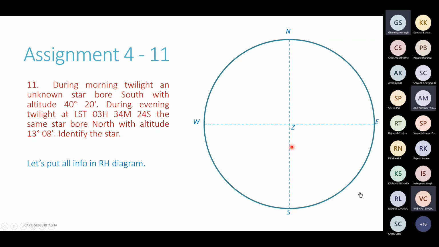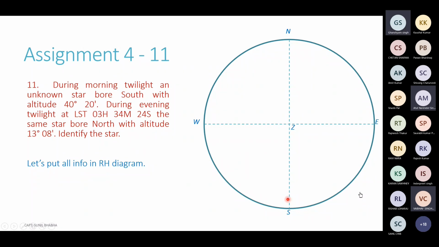Now we know the radius of this diagram is 90 degrees because its center is the zenith and the circumference is the rational horizon. Every point on the rational horizon is 90 degrees away from the zenith. So the radius is 90 degrees and the altitude of the star is 40 degrees 20 minutes above the horizon.